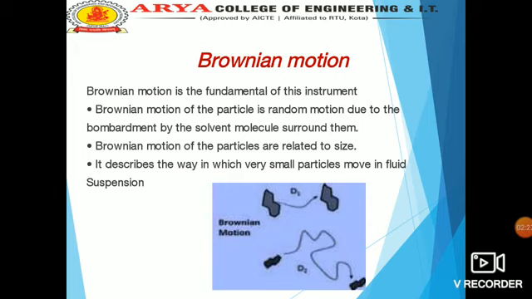Brownian motion of the particle is random motion due to the bombardment by the solvent molecules surrounding them. Brownian motion of the particles is related to size. It describes the way in which very small particles move in fluid suspension.